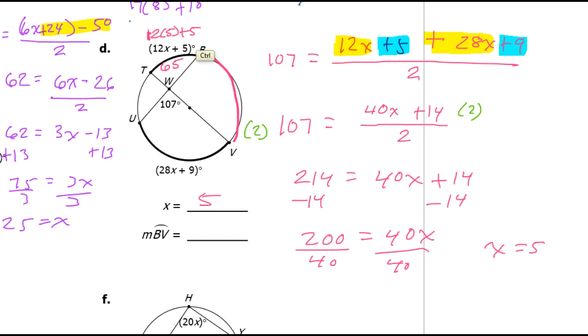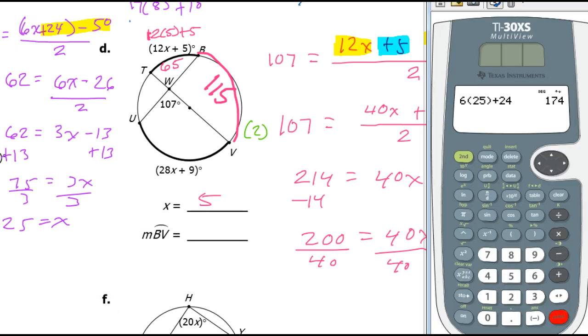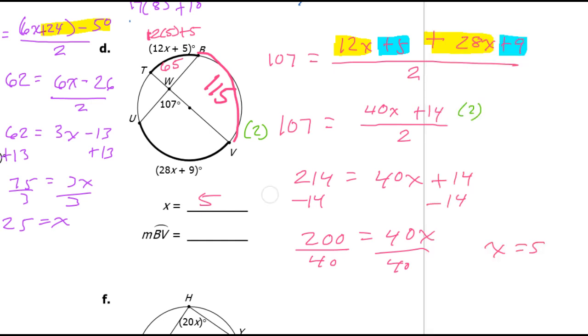And then just subtract from 180, because this is a semicircle. So what does that come out to be, Thomas? So this comes out to be 115. All right, again, because we did 180 minus that 65. So it was 115.